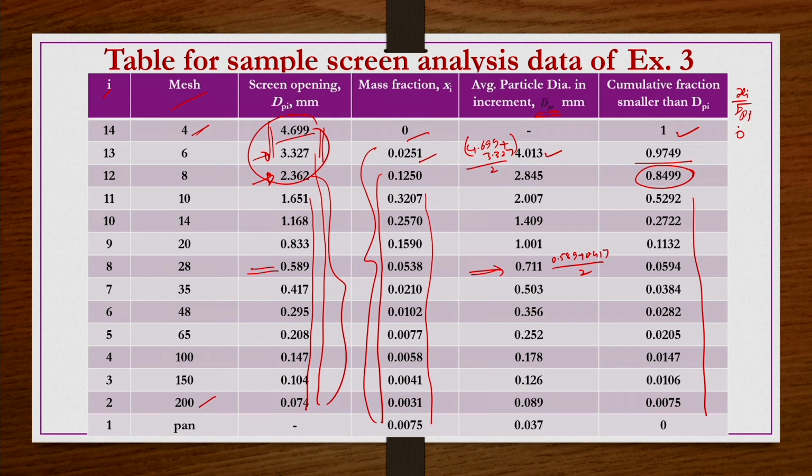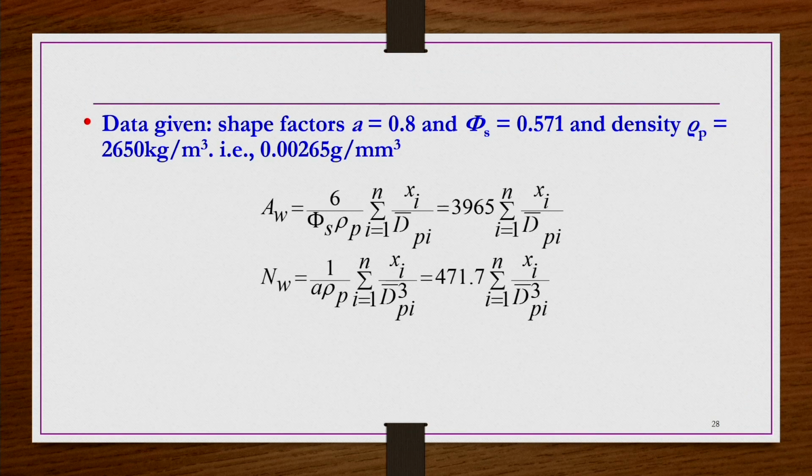For example, 0.0251 divided by 3.327, and like that all the values we have to fill in and then do the summation. When you do that, you get this particular sigma xi by Dpi bar. The remaining factor, 6 by pi s rho p, has the value 0.3965.